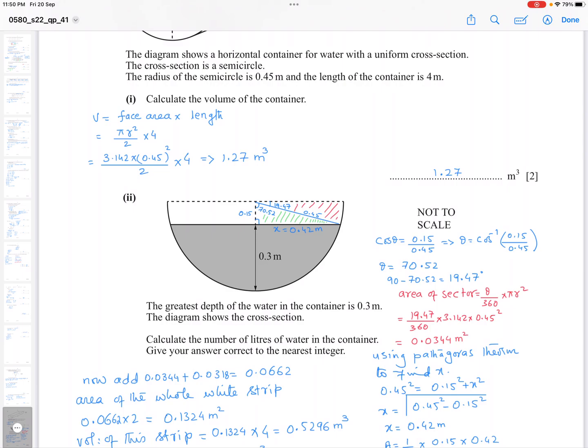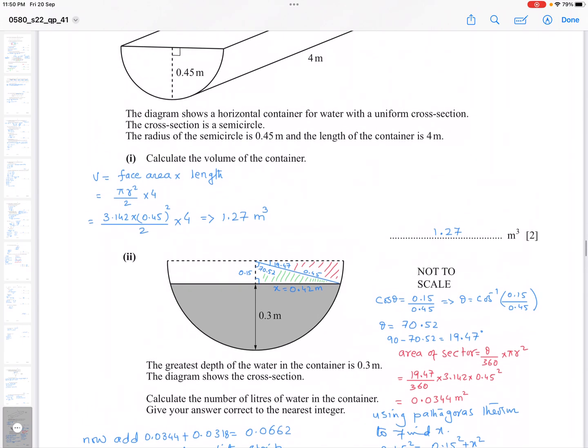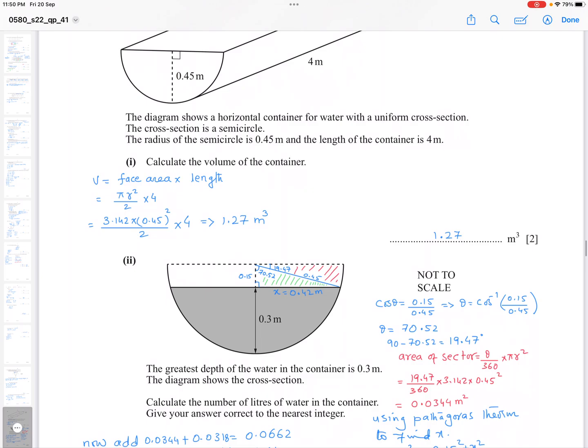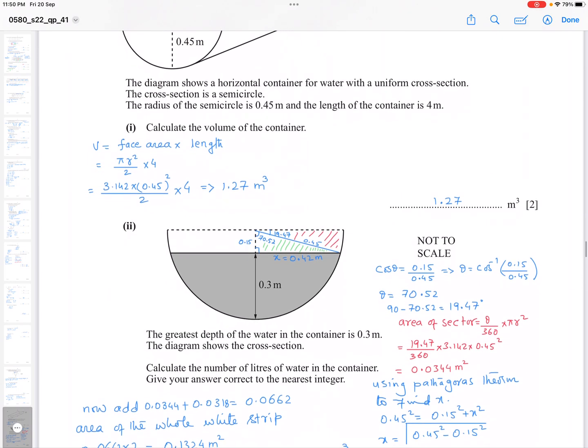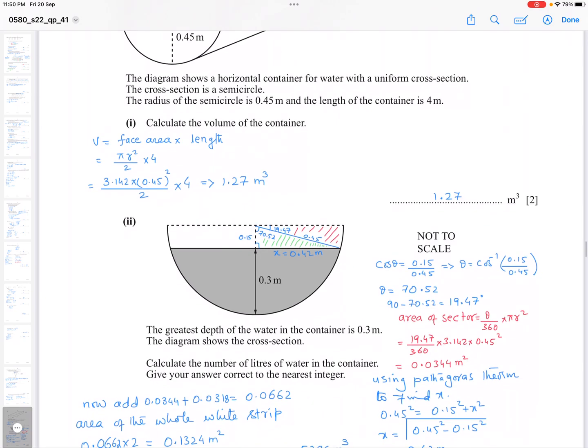This is 0.5 meter, and from 0.5 up in the white strip, if you subtract 0.3 from 0.45, you get 0.15. There you can see I have written in the white area above 0.3 meter.